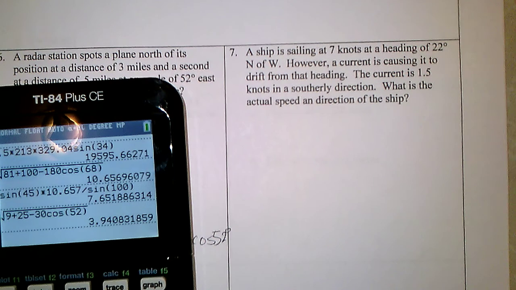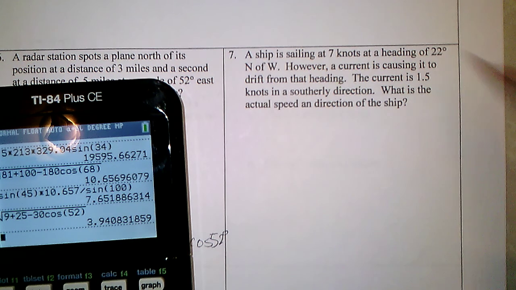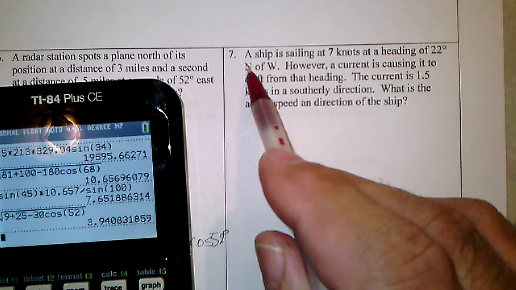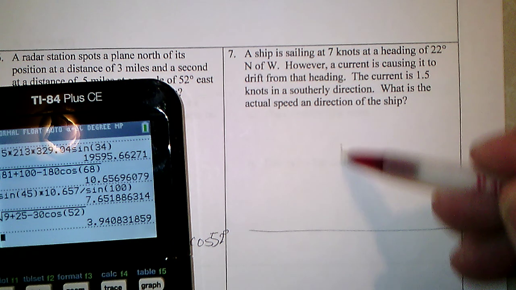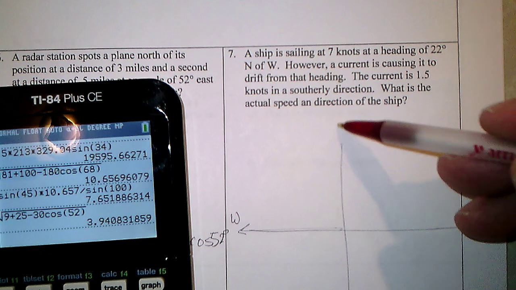Okay, now let's do this one. It says a ship is sailing at 7 knots at a heading 22 degrees north of west. So west generally is shown to the left, and so north up here.